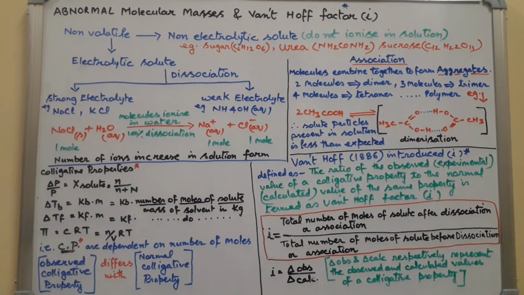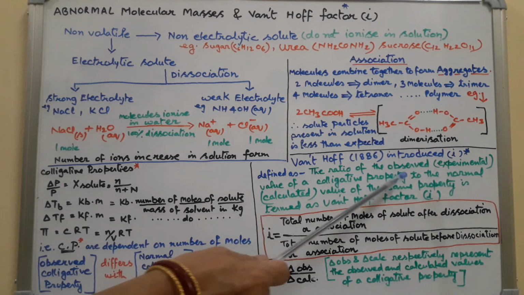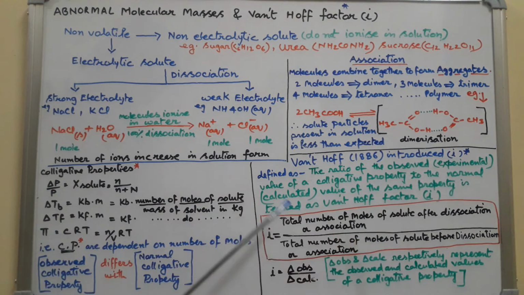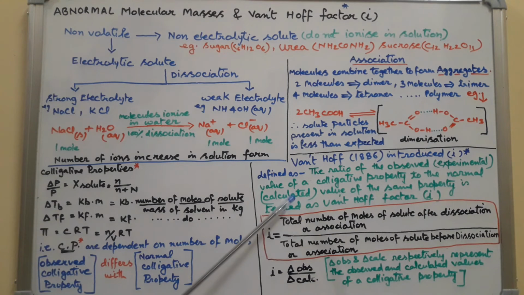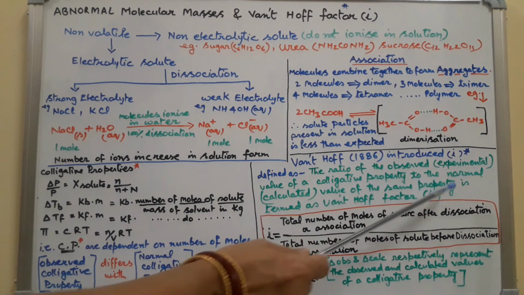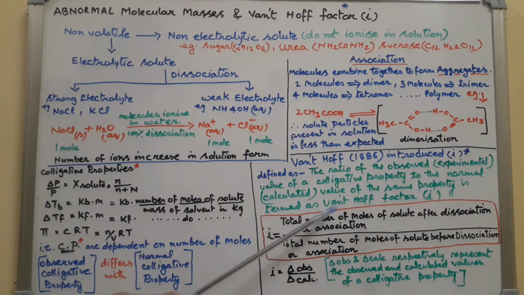It is defined as the ratio of the observed, that is experimental, value of a colligative property to the normal, that is calculated, value of the same property. Mathematically, i is equal to the total number of moles of solute after dissociation or association upon the total number of moles of solute before dissociation or association.